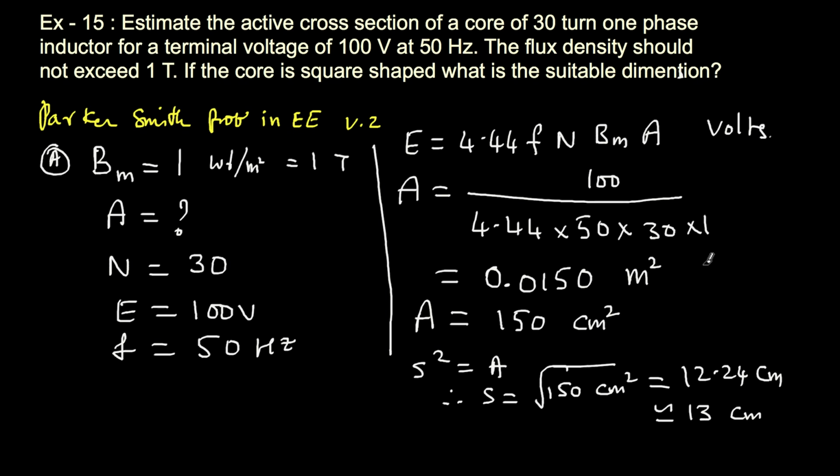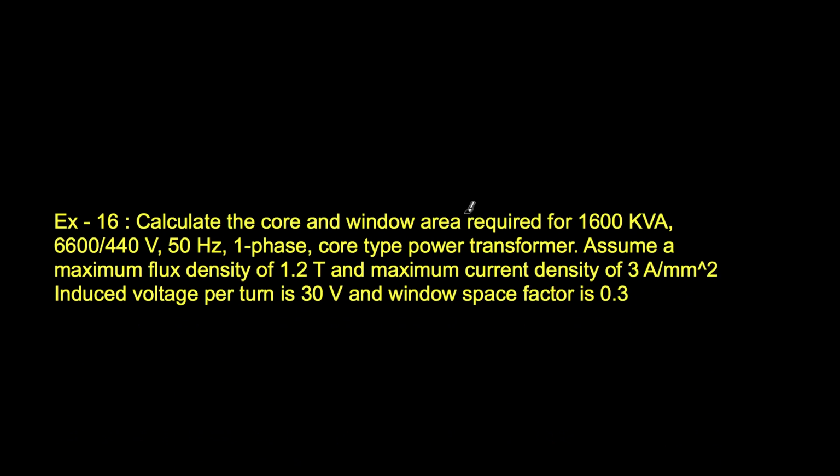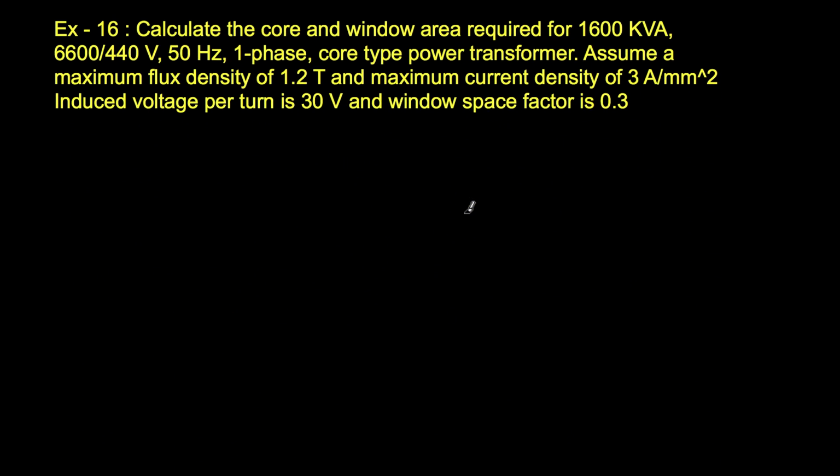So based on this, let's continue and look at more problems. So here, calculate the core and window area. Again, I invite you to read the question and understand what is there in the question. Some of it you might find is something which we did not discuss in the previous lectures.